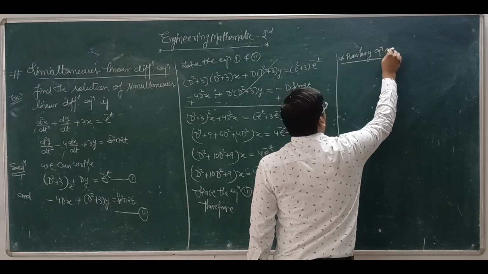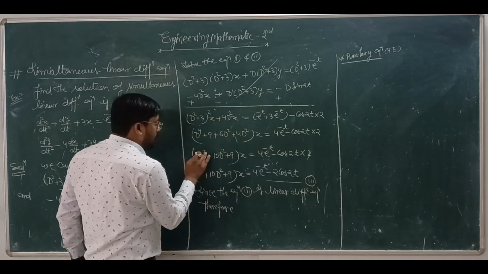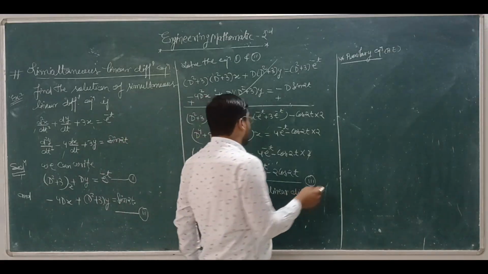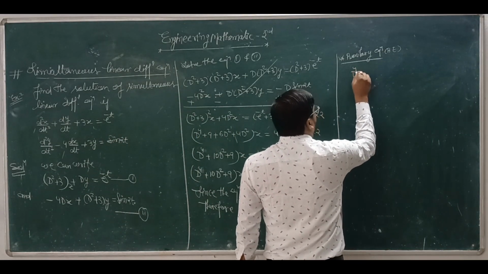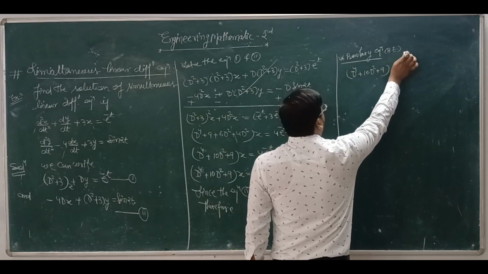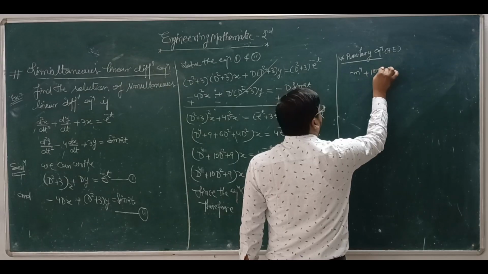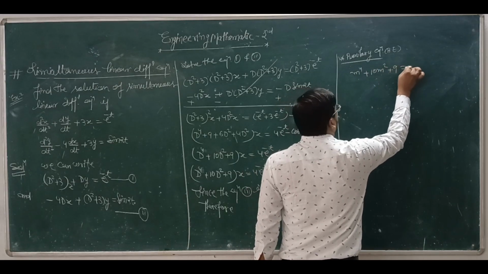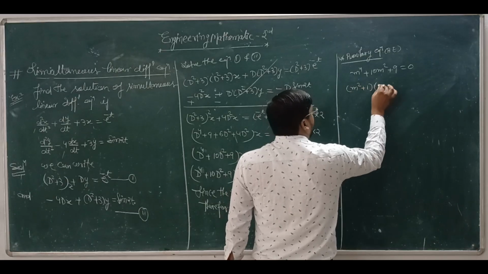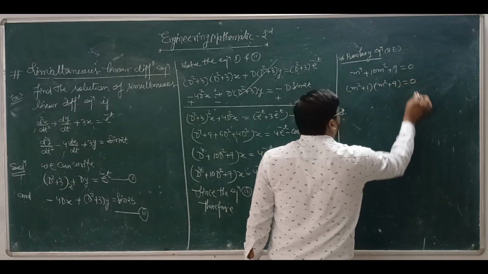The value of AE is D^4 + 10D^2 + 9, which is m^4 + 10m^2 + 9 = 0, or you can simply write (m^2 + 1)(m^2 + 9) = 0.